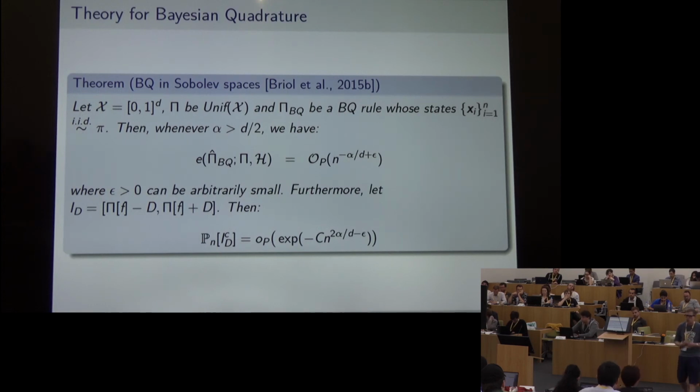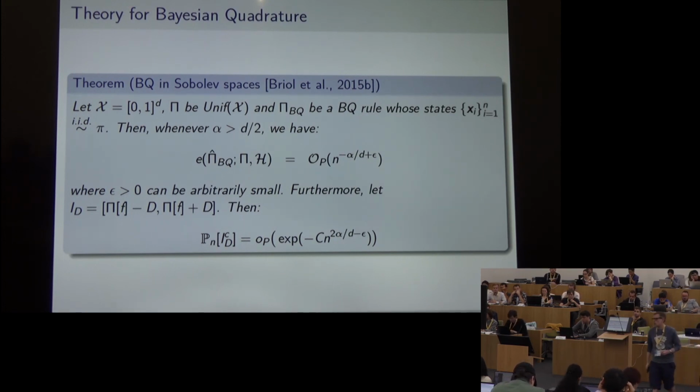As I said, it was just an empirical observation that for the examples that were given in the NIPS paper, you got better convergence than Monte Carlo. And the reason for that is because of the level of smoothness of the functions. The smoother the function, the higher the rate of convergence. So that's the first thing.